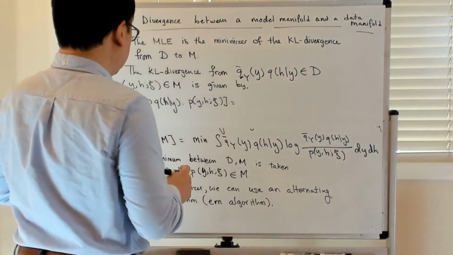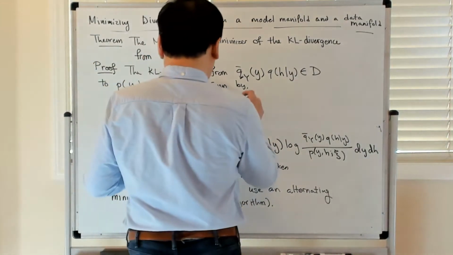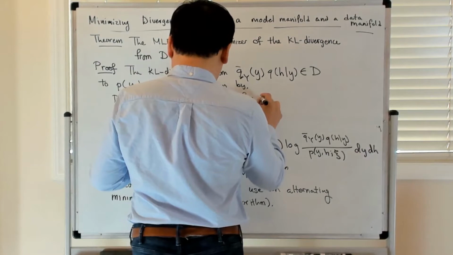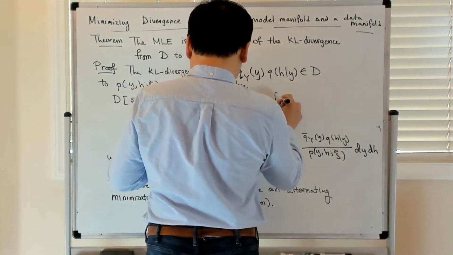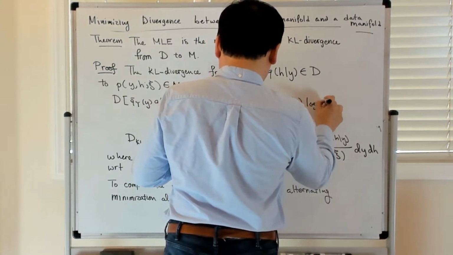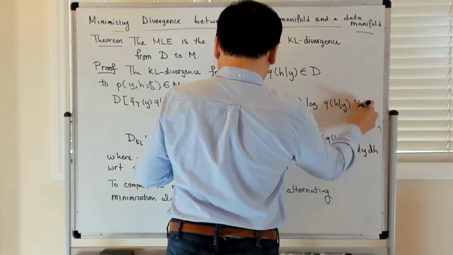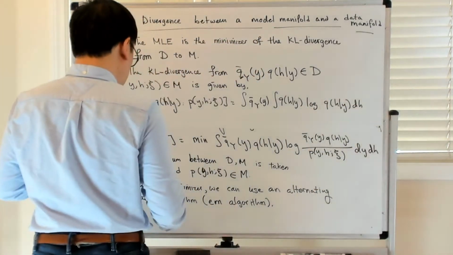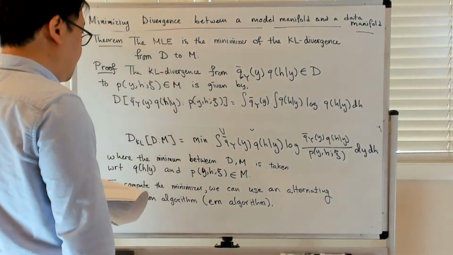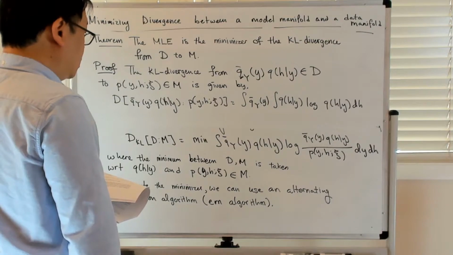So I'm just writing down this KL divergence, right? So this is the integral Q bar Y, integral Q H conditioned on Y log Q H conditioned on Y dH. All right.